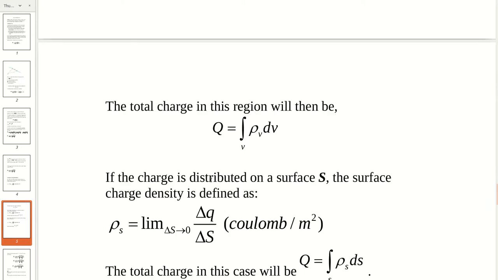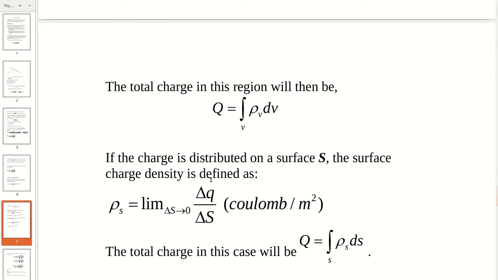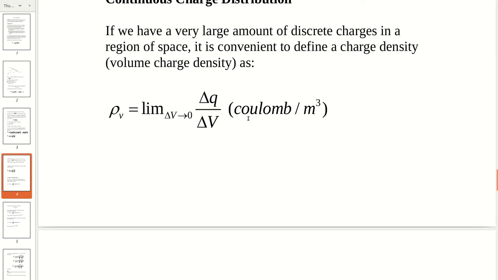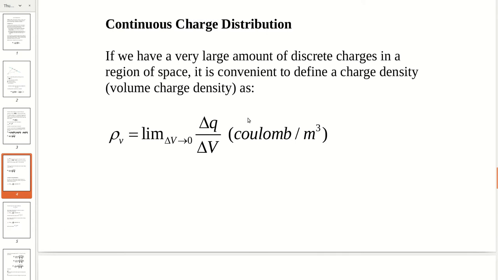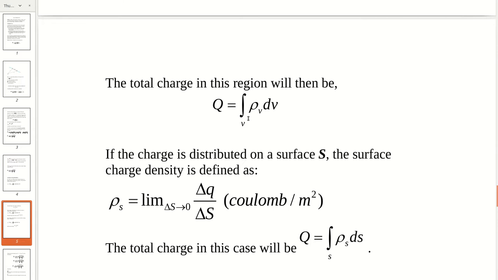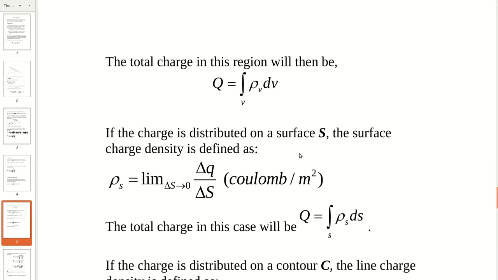So we can get some information about what the charge is here. Now, if the charge is distributed on a surface S, in a very thin layer, for example static charge: if you have a ruler and you move it slowly over your hair, this is a very basic experiment.